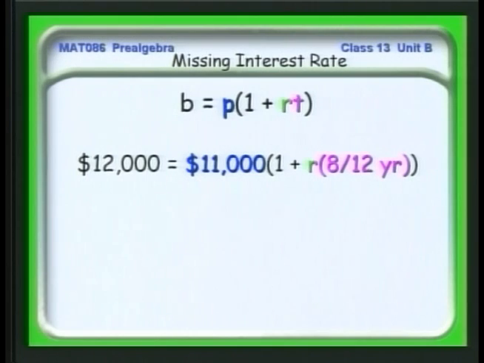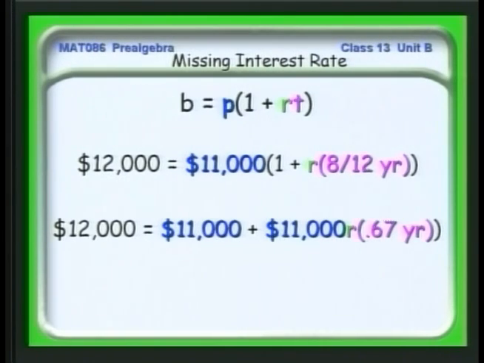Plugging numbers into that, I get 12,000 final balance is equal to 11,000 times the quantity 1 plus R, the rate. That's what we're looking for, the interest rate, times 8 months. 8 months is 8/12 of a year, and since the interest rate is expressed in years, our time also needs to be expressed in years.